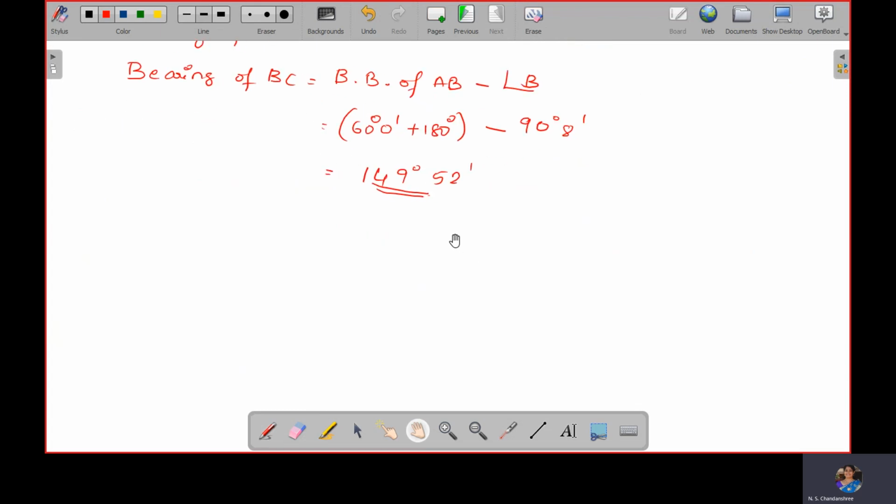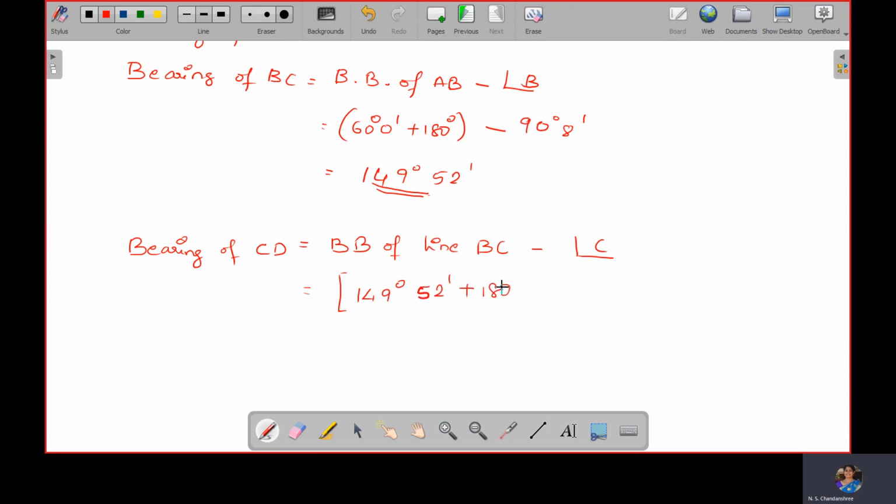Once we come to know the bearing of the line BC, we'll calculate the bearing of other lines. That is, bearing of line after BC, it is CD, is equal to back bearing of line BC minus angle C. So back bearing of line BC is, for bearing is known from here, 149 degrees 52 minutes plus 180 degrees minus angle C, which is 60 degrees 22 minutes.